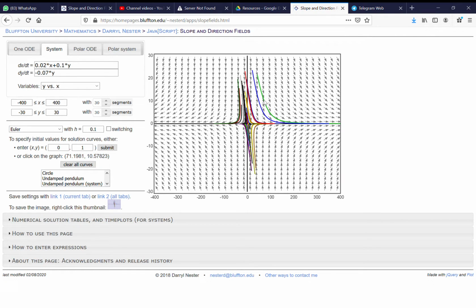As time increases, we will go along this line. We see that it is decreasing. It goes downward, which means y is decreasing. Then at a certain point, as y decreases, the arrow moves to the right slowly.